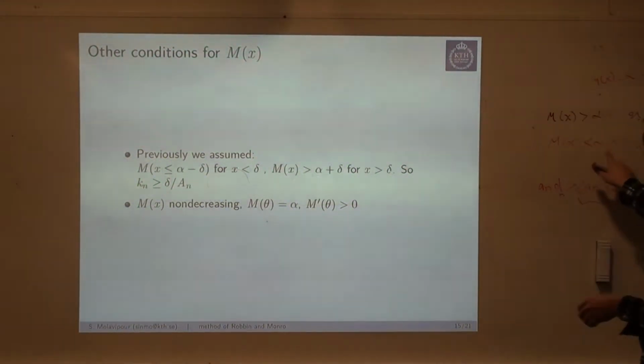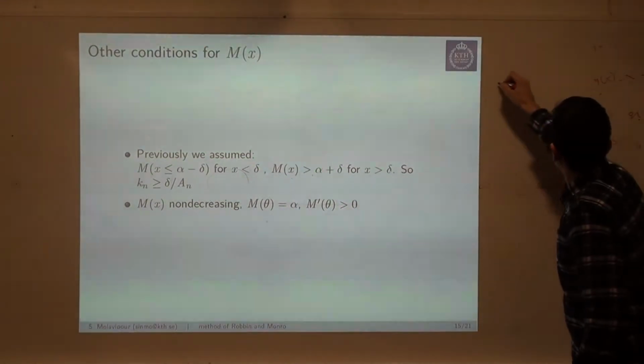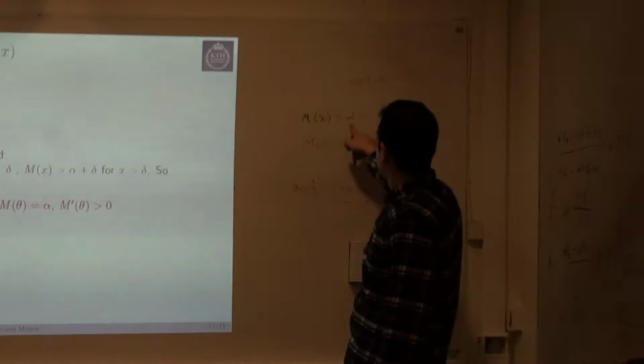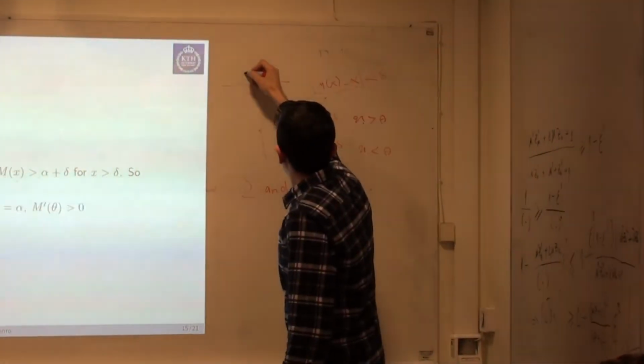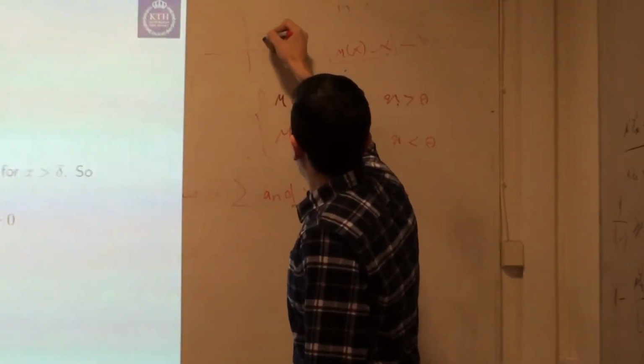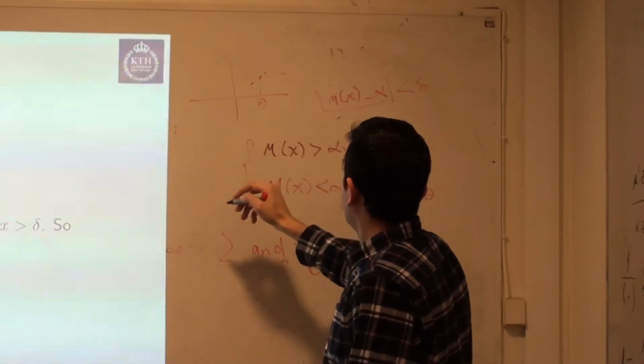Another way to express this behavior of the function. So what does this function mean? It means that if I plot mx at point, let's say, alpha, it should be above and below, after and before theta.